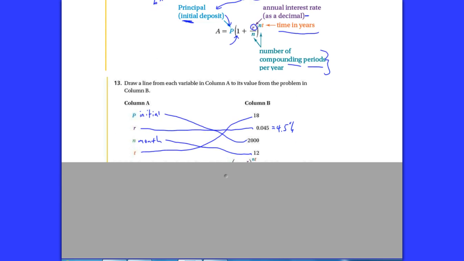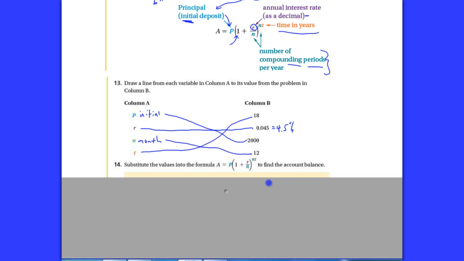So with that said, we're just going to plug those values into this equation. Here's the equation. A equals P, parenthesis 1 plus R over N, to the power of N times T. We want to figure out how much money is in there.